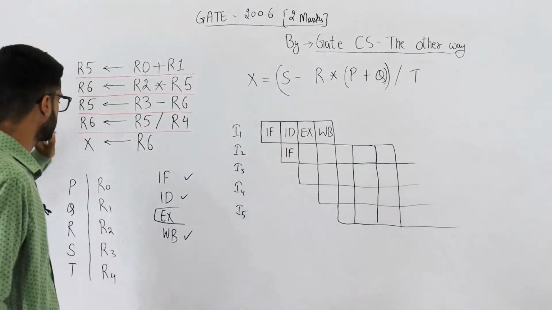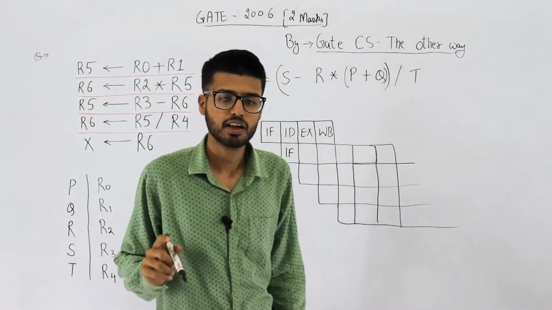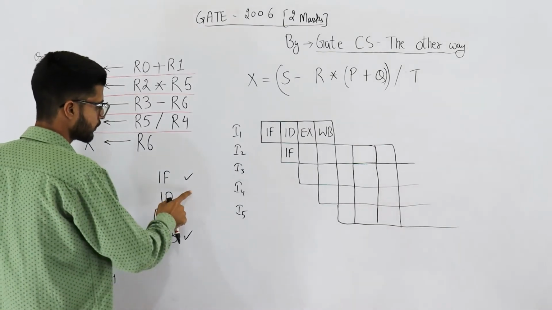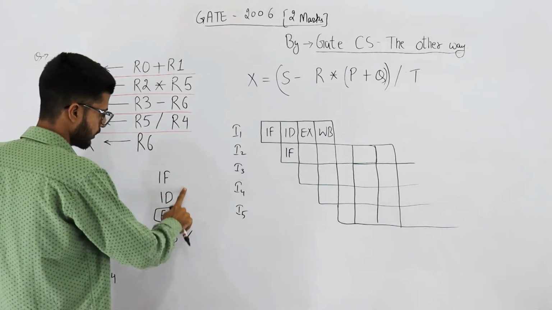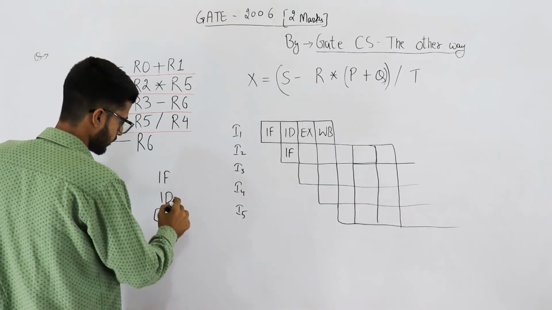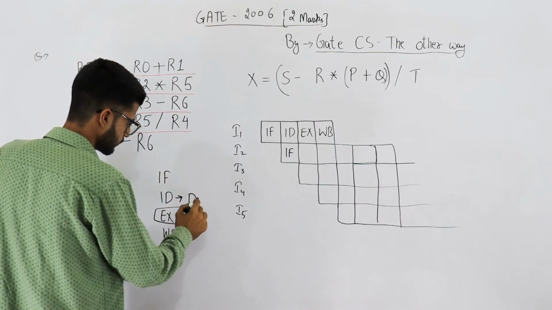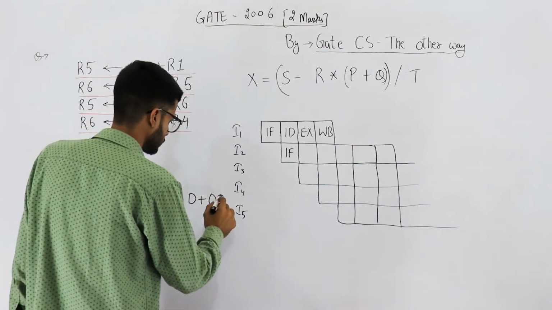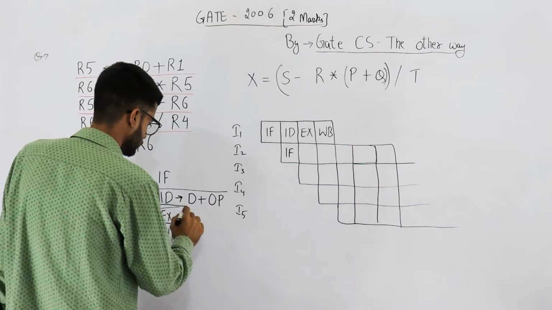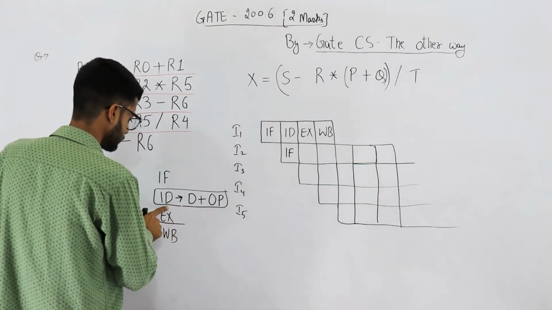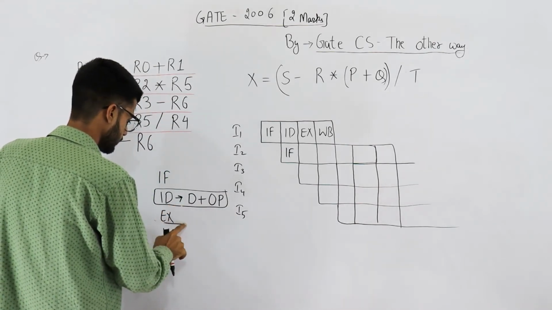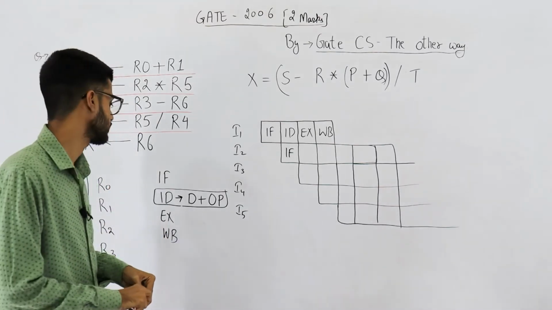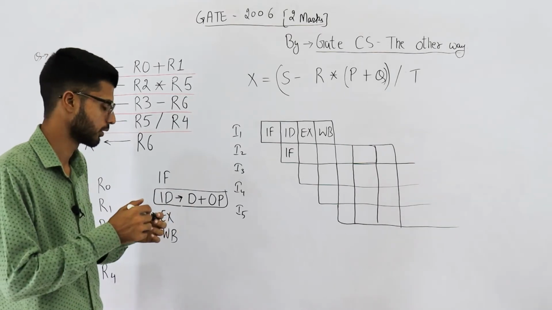Now, one thing I guess they have not mentioned in the statement is this instruction decode phase, ID phase, what it's doing is decode plus operand fetch. Instruction fetch, IF is instruction fetch. ID is, they are saying decode.